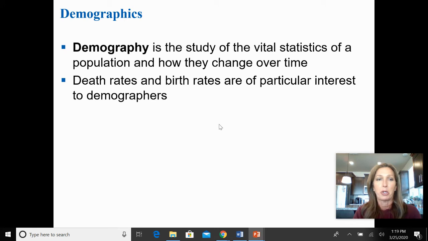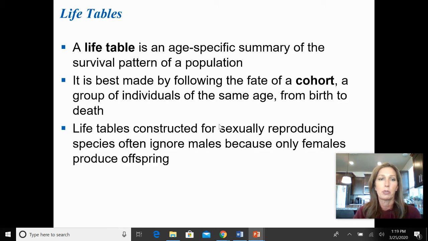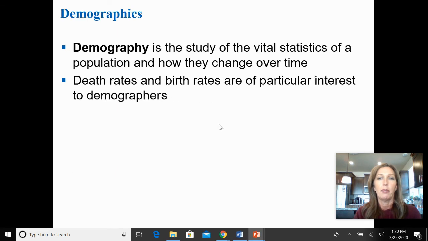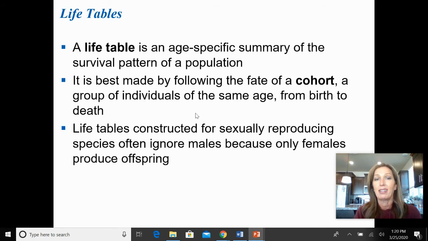When we do talk about demographics, that term demographics that you should know is really addressing the statistics of the population and how they change over time. You should be familiar with what a life table looks like. Life tables are age-specific summaries, and they are usually constructed from and about the sexually reproducing females, because females produce the offspring.